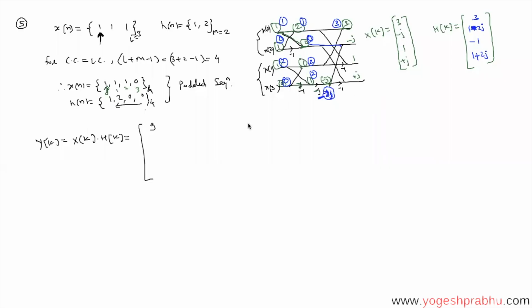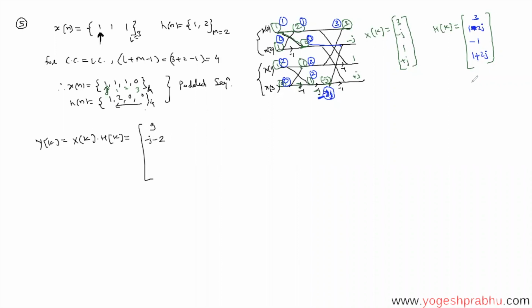3 into 3 is 9. Then negative j times 1 minus 2j is going to be minus j times 1, and this is positive 2j square. That's minus 2. Is that correct?